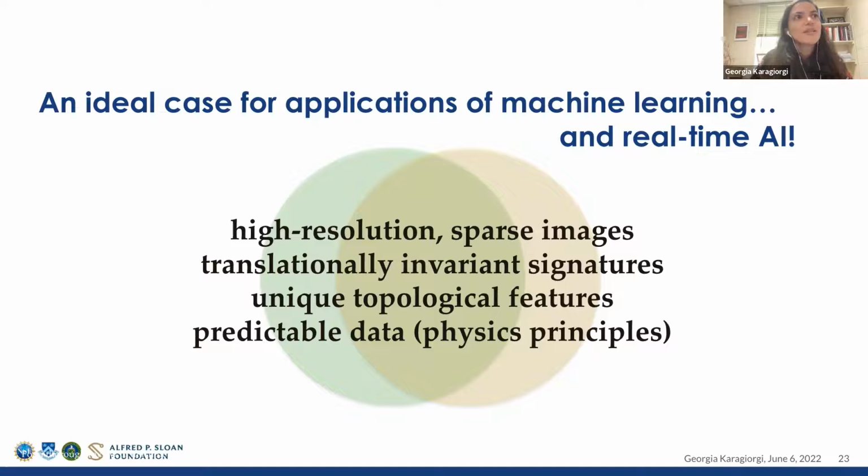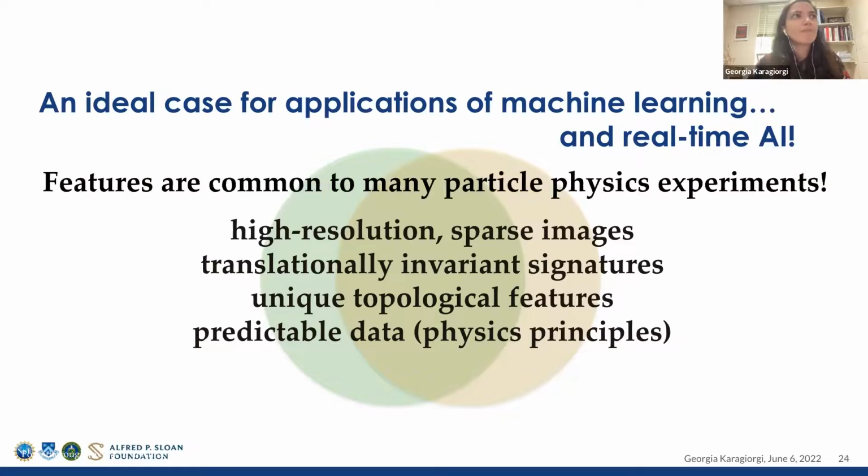So this is a huge feat, but at the same time, the fact that we're dealing with a technology that offers high resolution and sparse images and also translationally invariant signatures of interest with unique topological features, and the fact that we're dealing with an application where we can actually design and simulate data, we have predictable data driven by physics principles, this actually makes DUNE, or liquid argon TPC detectors, an ideal case for applications of machine learning, as well as particularly real-time AI.